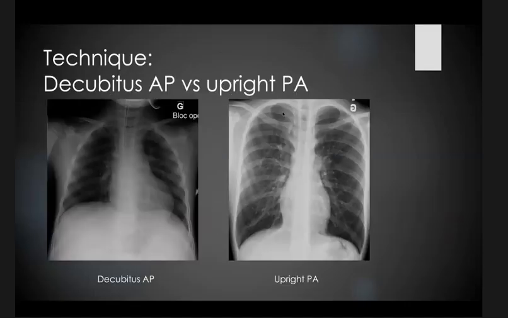So the technique. In children, it's hard to have a real good PA upright view like you do in adults. So usually we have an AP view. This is a patient in the operating room, but even though it's a 3-year-old, usually it's an AP.